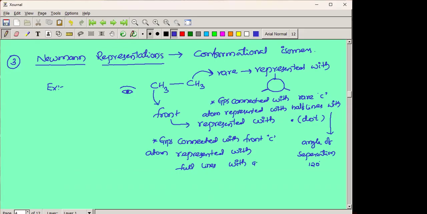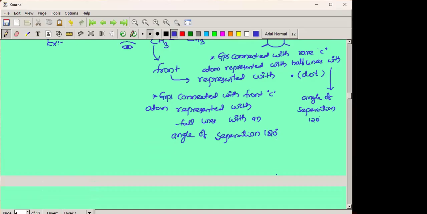How much? 120, sir. 120 degrees. So like that, we can represent the Newman representation.